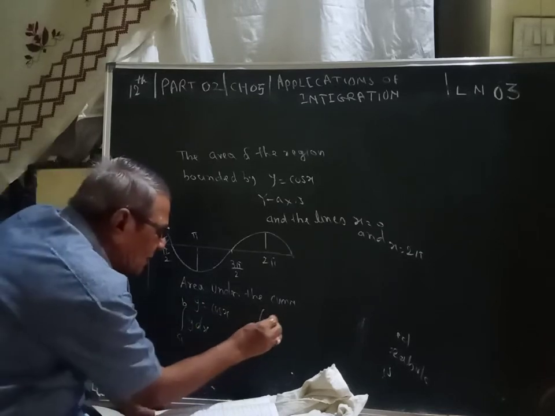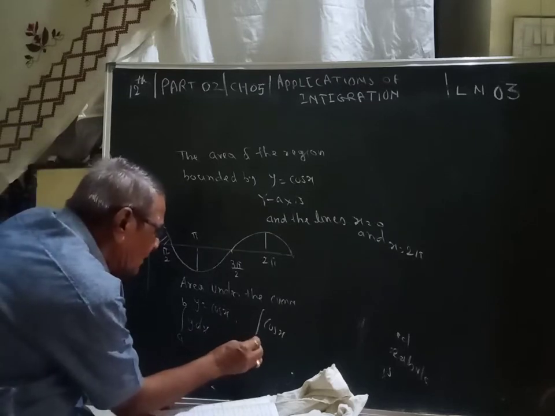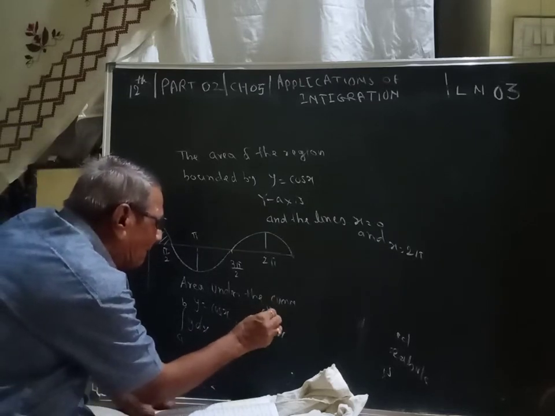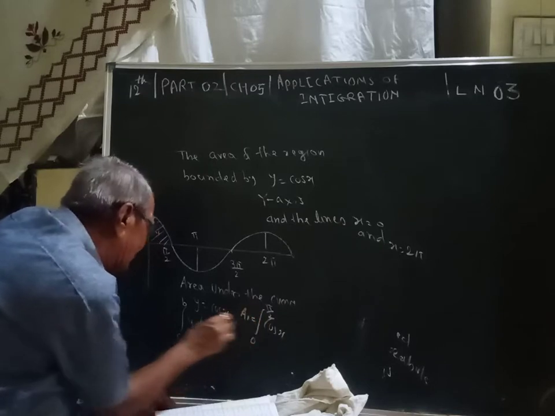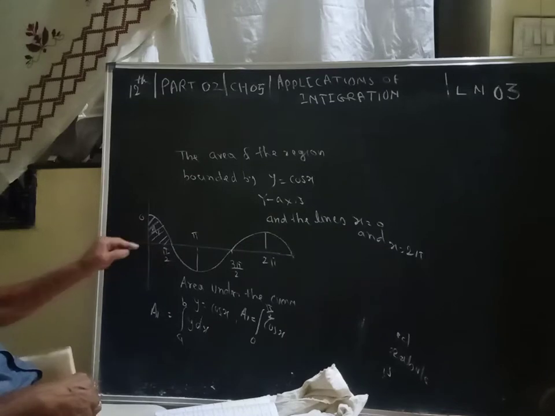So it is the integration of cos x between the limits 0 to pi by 2. मी A1 काढते फक्त, 0 to pi by 2.